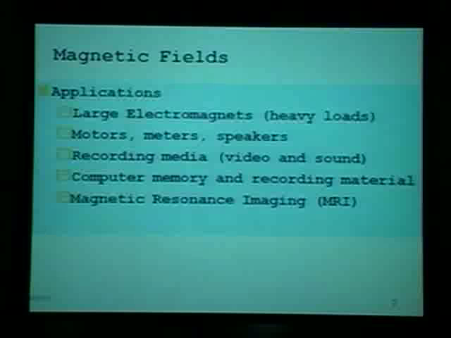Magnetic resonance imaging. What you could do for human tissue is put the human being inside a very large magnetic field. And hence, you would basically orient whatever small magnetic domains are present in the cells according to that large magnetic field. So you put them in a large magnetic field, and you orient all your magnetic domains in one direction.